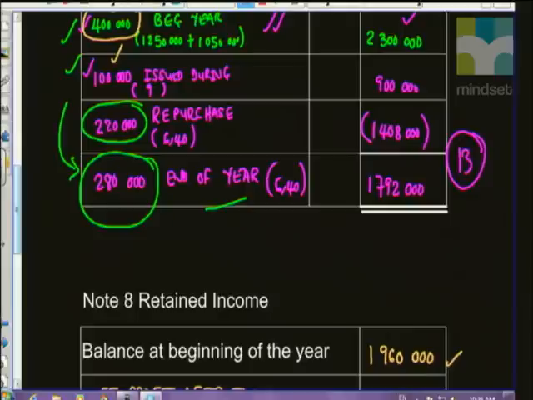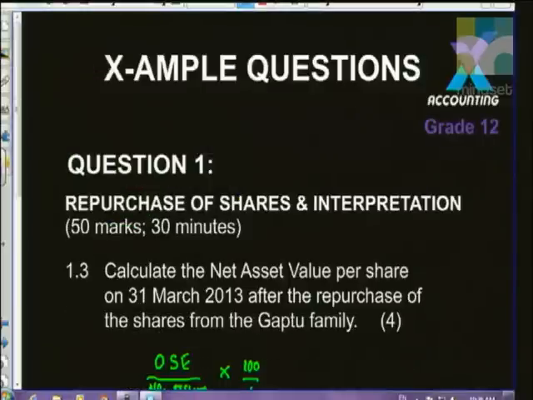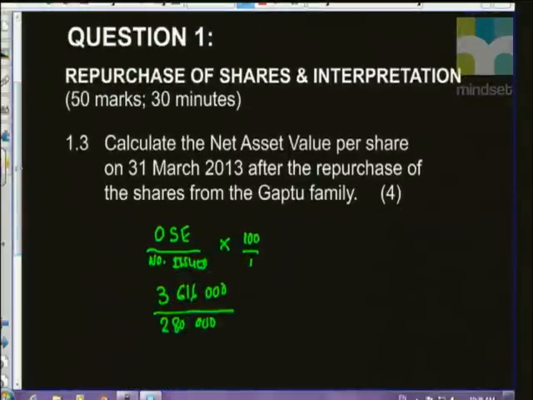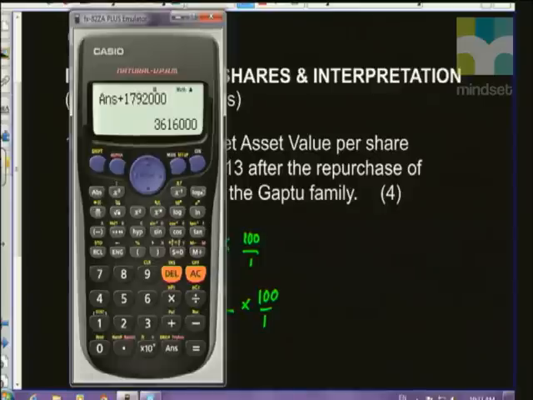To give me what we got left, 280,000. Okay, so this means therefore that you divide that by 280,000, multiply it by 100 over 1 because you want to answer in rands. So we got that divided by 280,000, and you want your answer as cents or in rands.